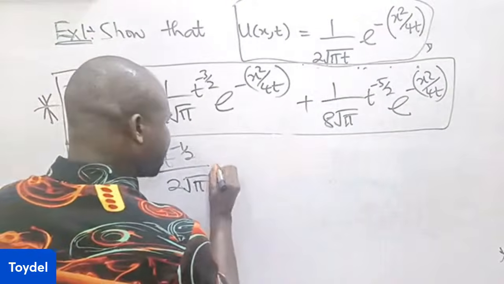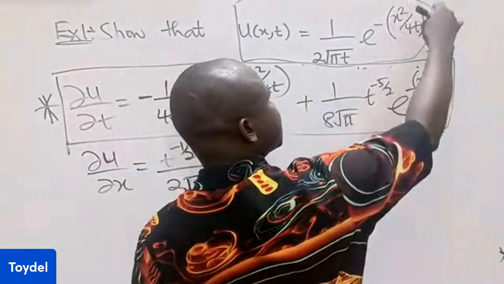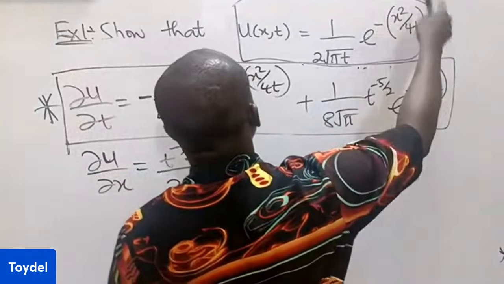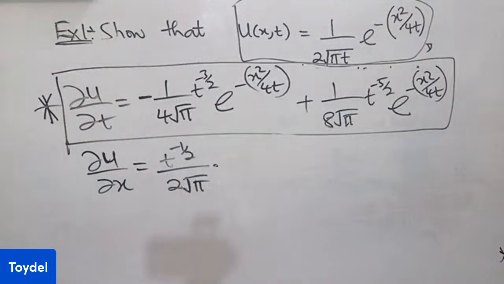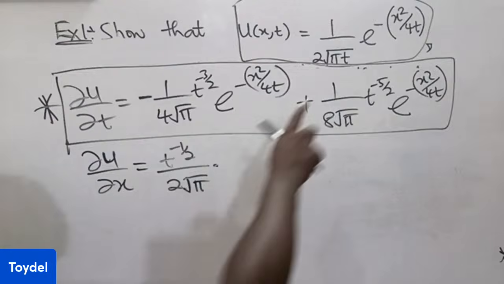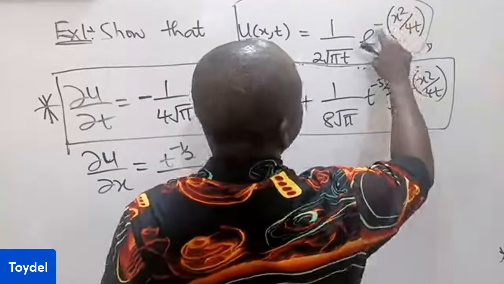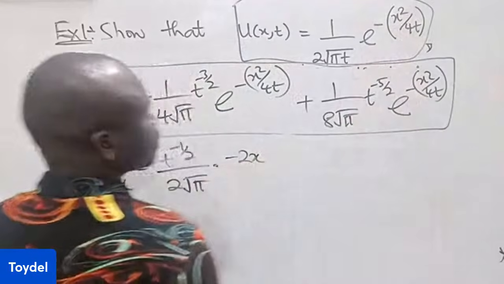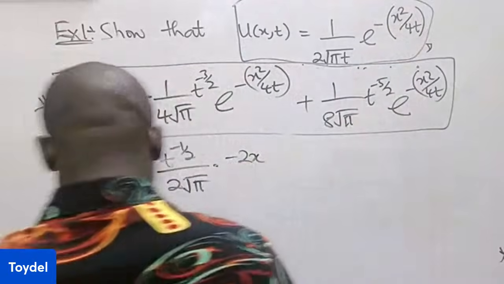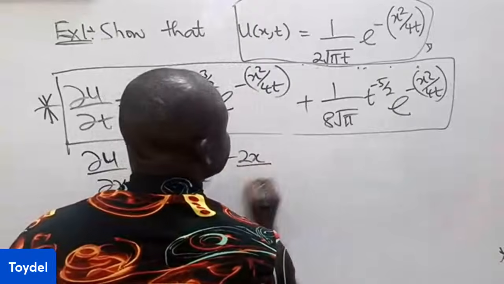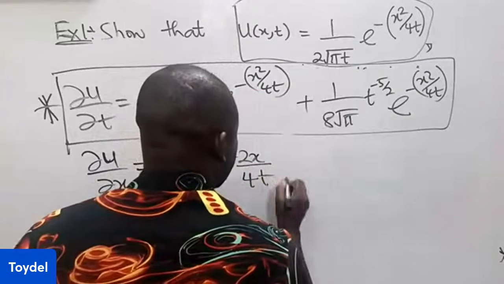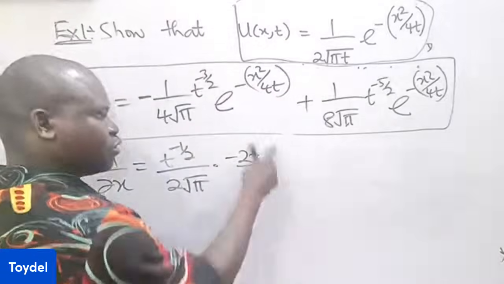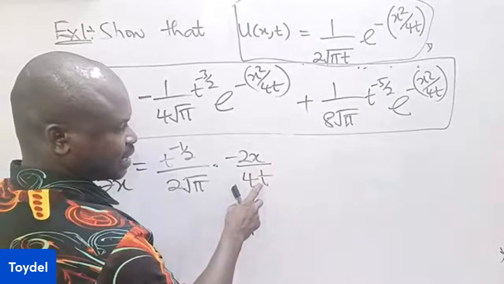Then multiply by, if I differentiate what I have here at the numerator with respect to x, if I differentiate x squared, that will be 2x. So I will have minus 2x all over 40. And of course, I can take t to the numerator. 40 t, this is t raised to power 1.